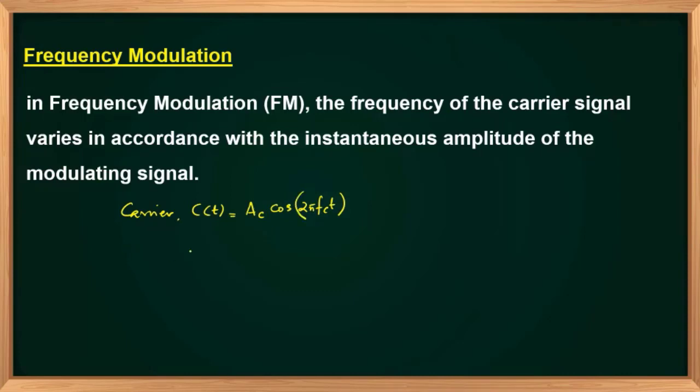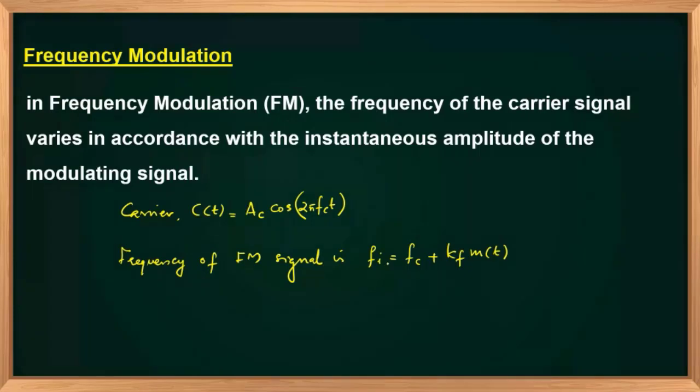Now the carrier frequency is fc, but the frequency of the FM signal is fi equal to fc plus kf into m(t). The parameter kf is the frequency sensitivity of the modulator. So this is an important equation for FM.